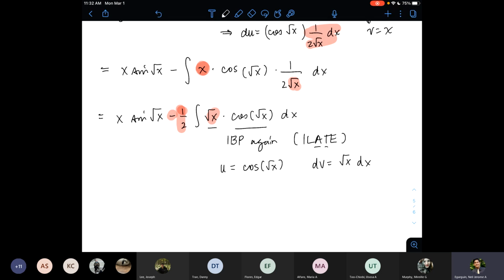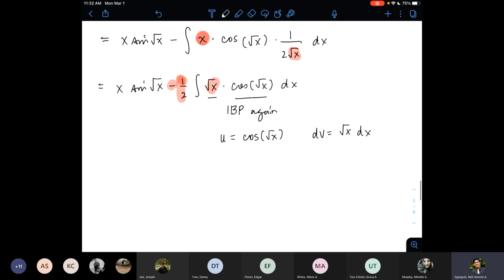You have cosine of root x, and I cannot integrate cosine of root x, so I cannot use it as a dv. So this is one example where the ISLATE mnemonic I think doesn't work or will not give us a good substitution. But here, let's see. Hopefully this gives us a nice expression.